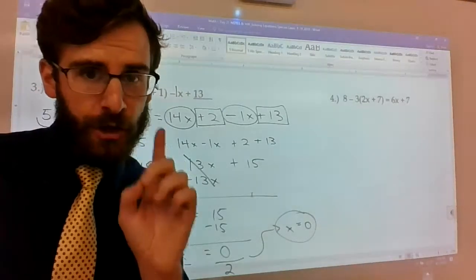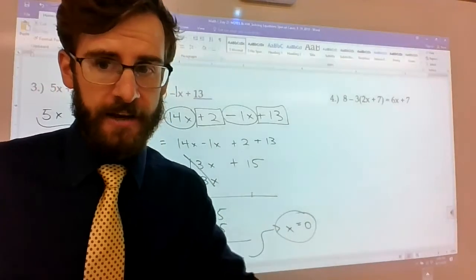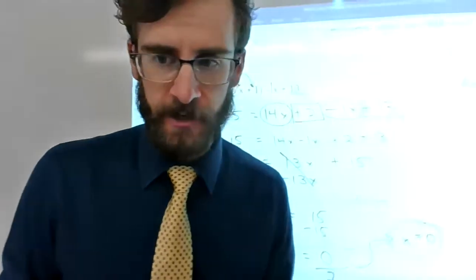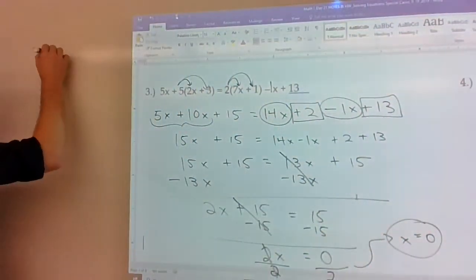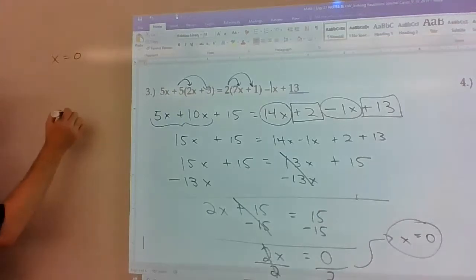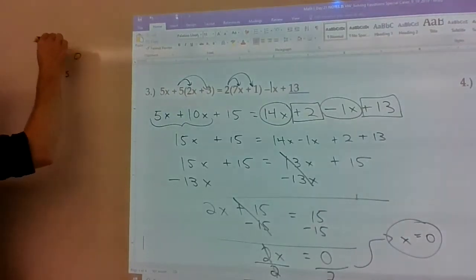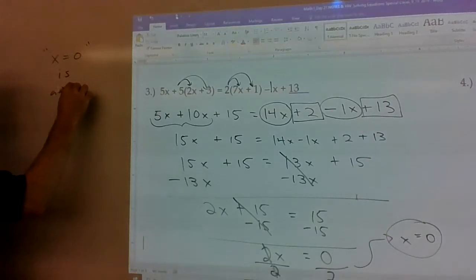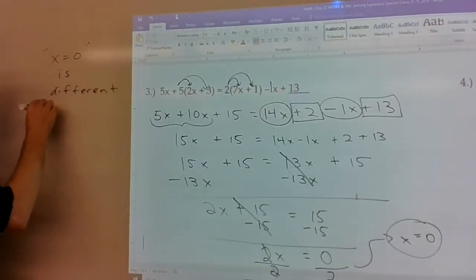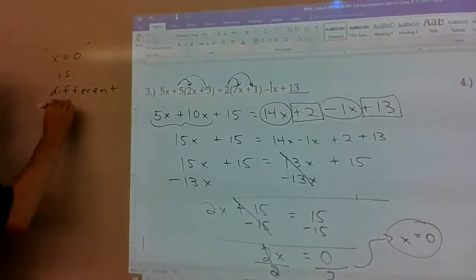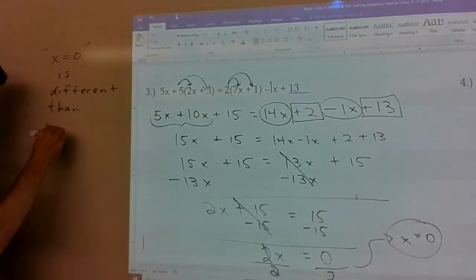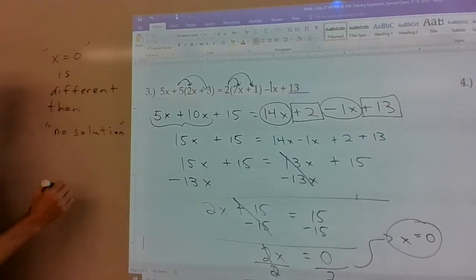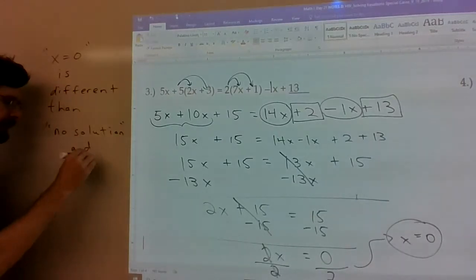Now, I would make a note of this off to the side, all right? I'll make it off to the side over here. x equals 0, if you get this solution, is different than no solution and all real numbers.